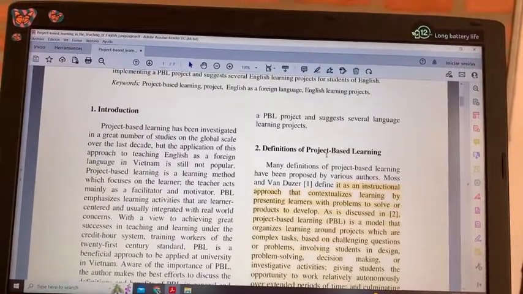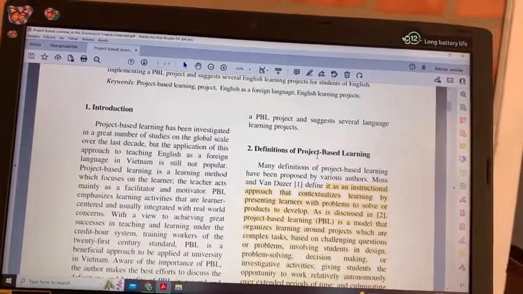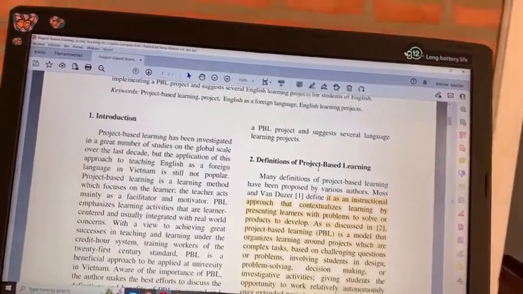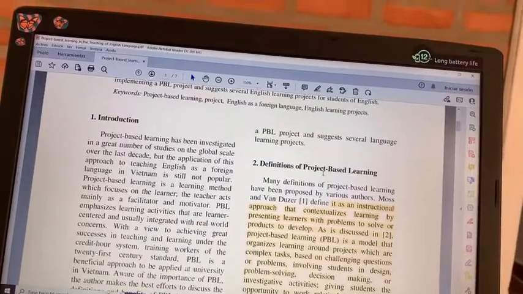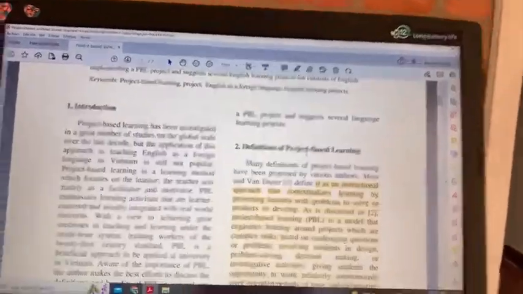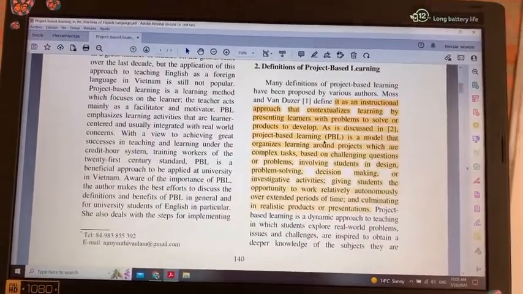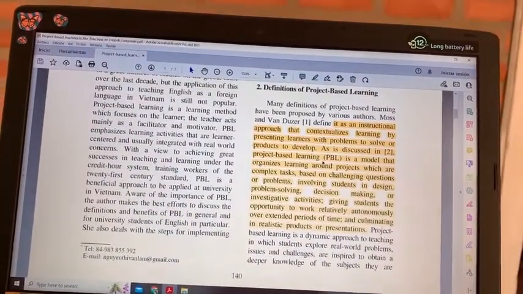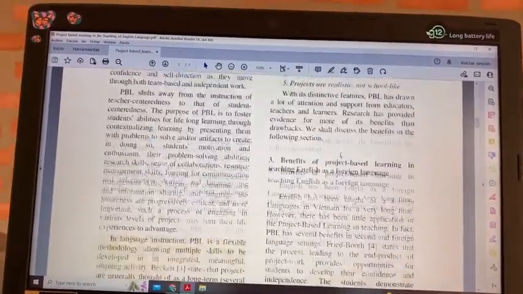PBL is a model that organizes learning around projects, which are complex tasks based on challenging questions or problems involving students in design, problem solving, decision making, etc., giving them autonomy to work and culminating with realistic products or presentations.